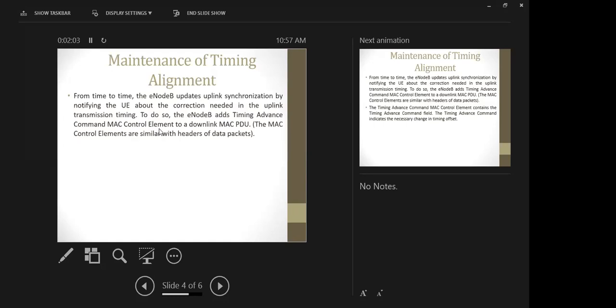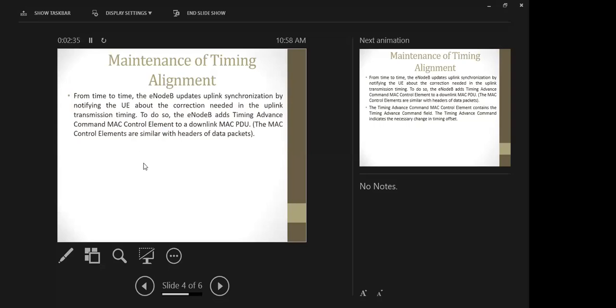So there is a whole set of control elements defined for many different purposes. When you need something, you use the right control element and add that to the MAC PDU. If you don't need that purpose right then, you don't add it. In my book, chapter 6 covers the MAC layer, and you'll find the list of all these MAC control elements and also how they work.